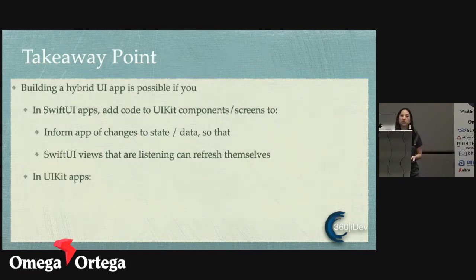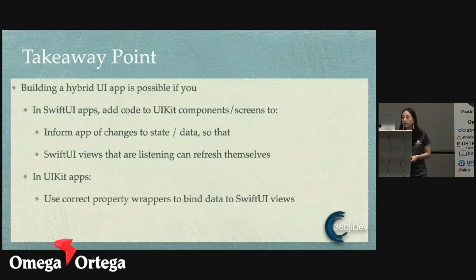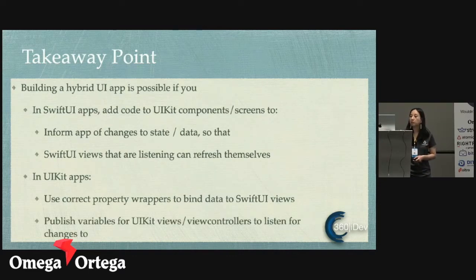And then when you're in a UIKit app, you need to use the correct property wrappers to bind data to SwiftUI views so they know what to listen to, and then publish variables that you want UIKit views or view controllers to listen for changes to.